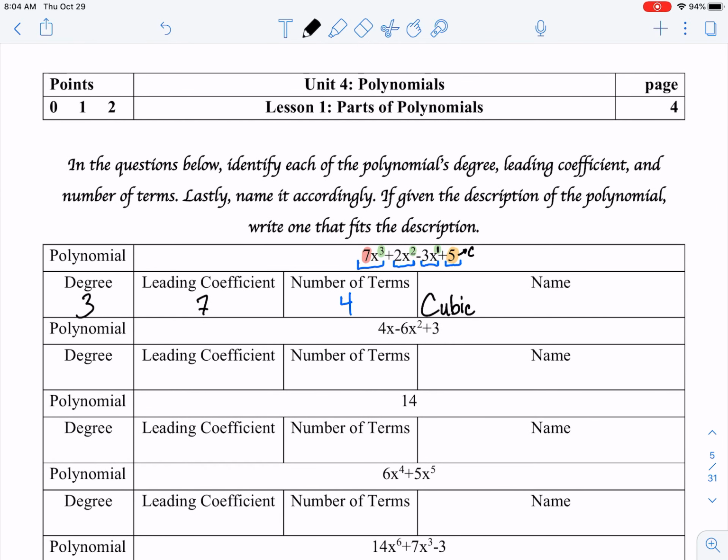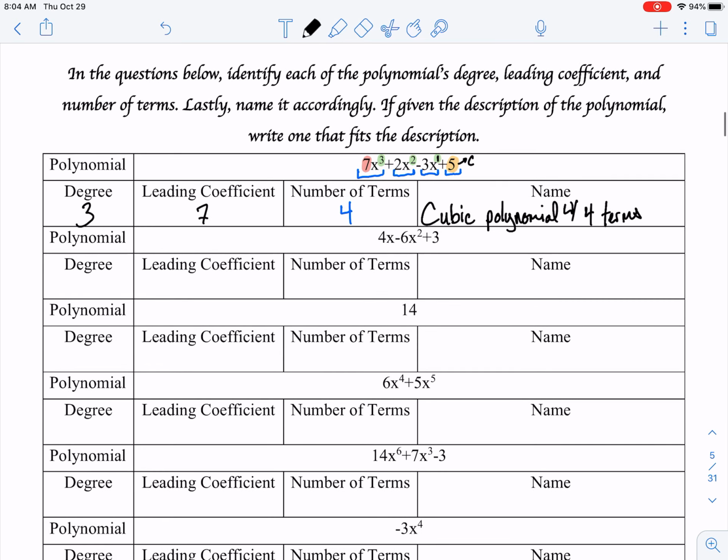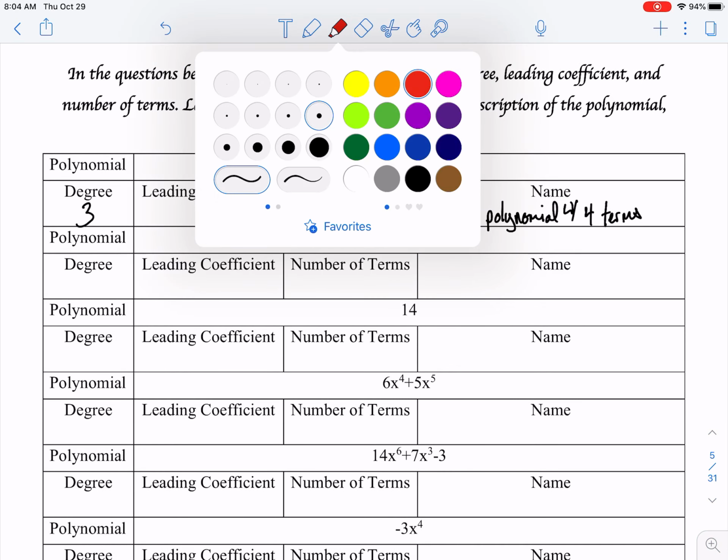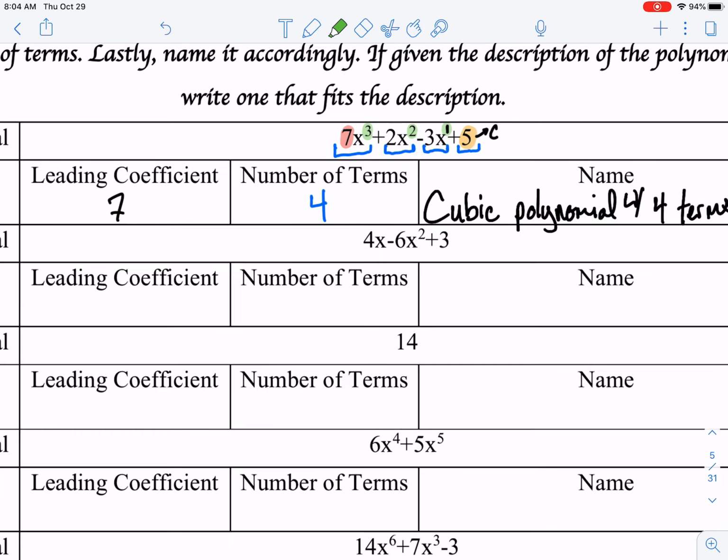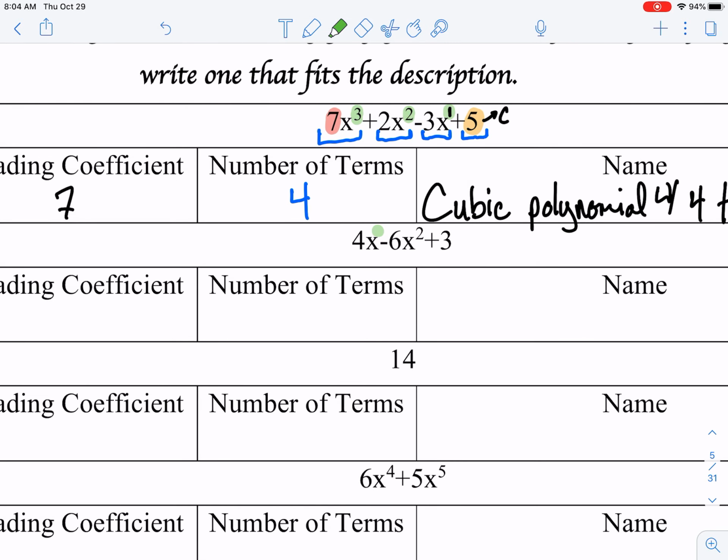So I have 4, so it's a cubic polynomial with 4 terms. Okay. So again, what I'm going to do is put a dot where my variable should go, highlight my constant, let me know that this is my constant.